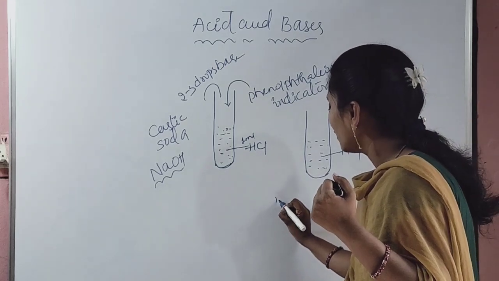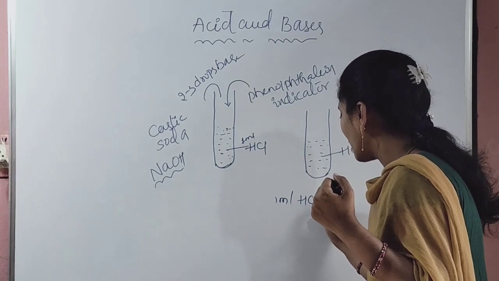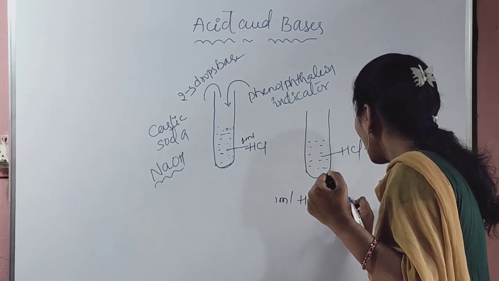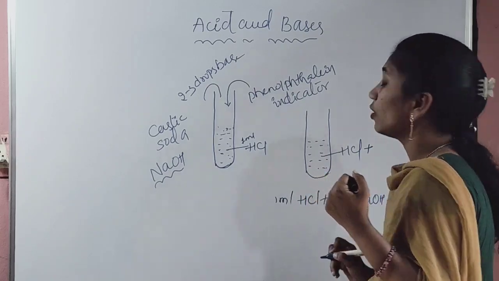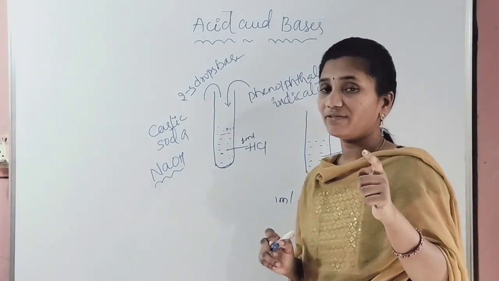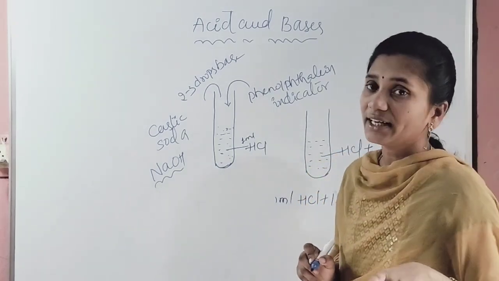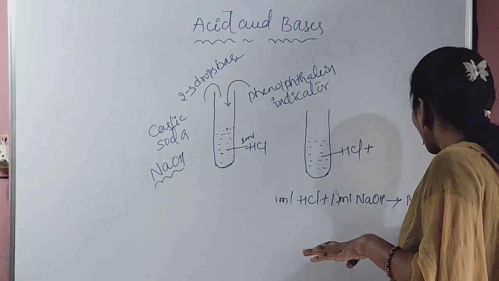For example, if you have taken 1 ml of HCl, then 1 ml of base should be taken. Only then the solution will be neutral, and it leads to the formation of a salt.